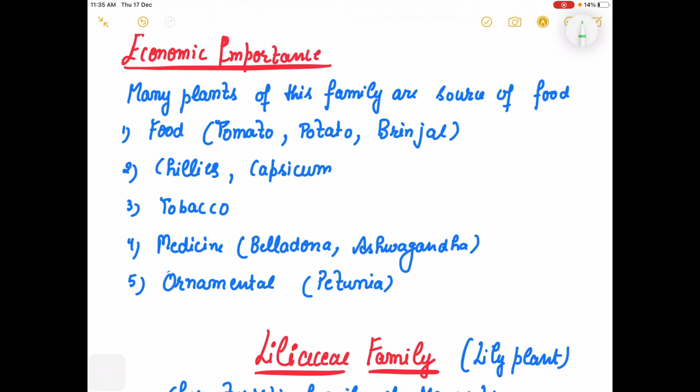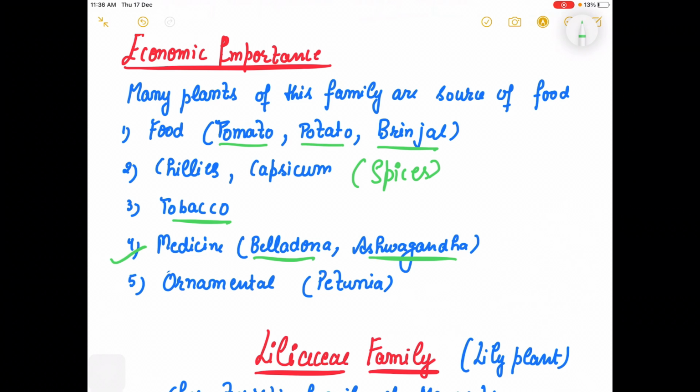Economic importance: many plants of this family are a source of food like potato, tomato, brinjal. Then they give rise to many spices like chilies, capsicum. Tobacco also belongs to this Solanaceae family. Then they give us medicinal plants like belladonna, ashwagandha.